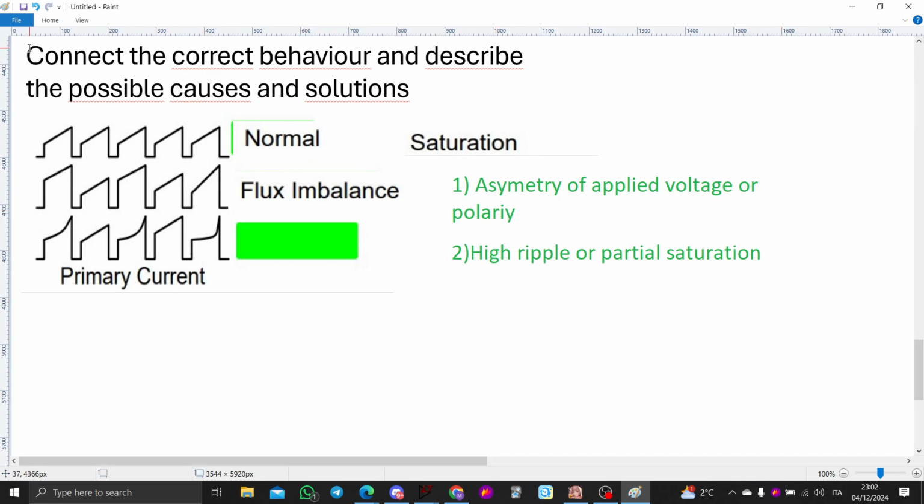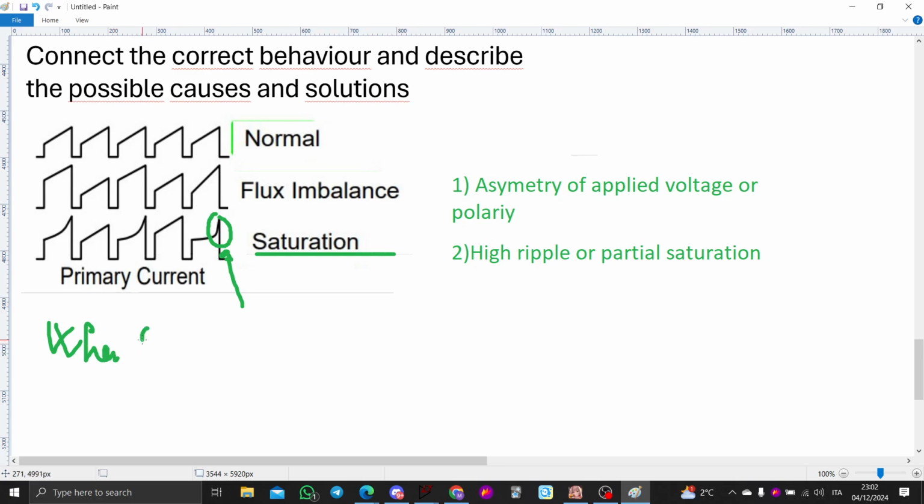And the true saturation is the complete saturation, and I am positive because of this. You can understand that because when saturation occurs, so when saturation happens, the inductance L diminishes a lot.